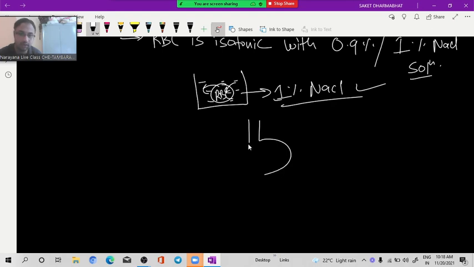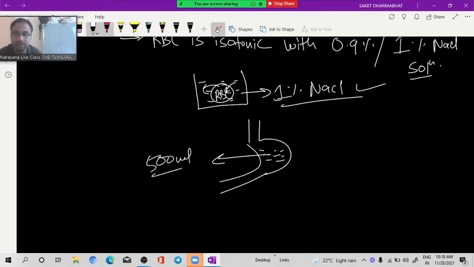Suppose you have drunk 500 ml sea water. In the wall of the stomach there are blood vessels, and inside them RBC is there. Now what will happen? From this RBC, water will come out. Understood? This 500 ml sea water is hypertonic, no?